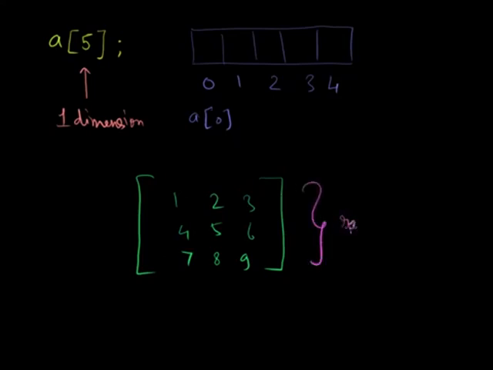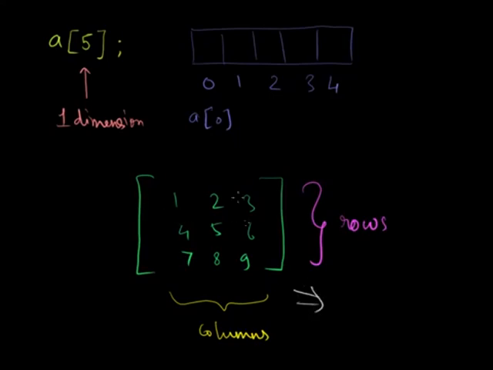One is rows, right? This is first row, second row and third row, and the other, which you can guess, is columns. Rows and columns. Such arrays which have 2 dimensions are called two-dimensional arrays, or more than one dimensional arrays are called multidimensional arrays.